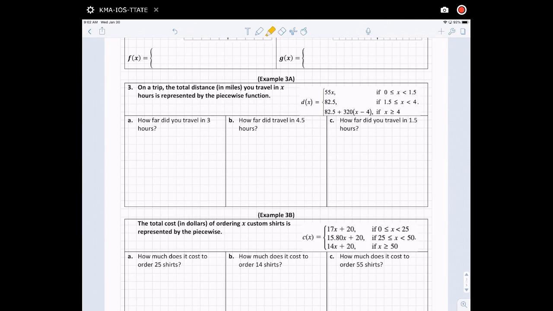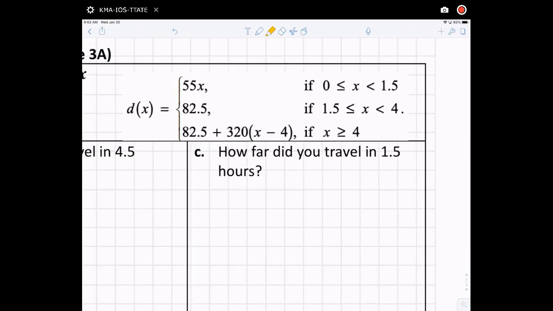So these are the closest to word problems we get. On a trip, the total distance you travel in x hours is represented by the piecewise function. Let's look at this piecewise function.